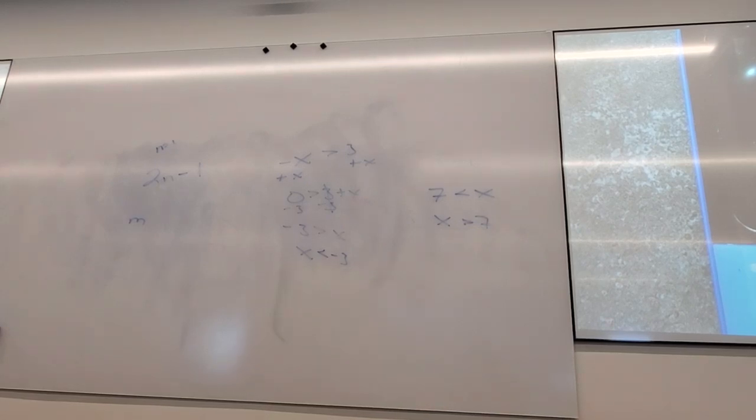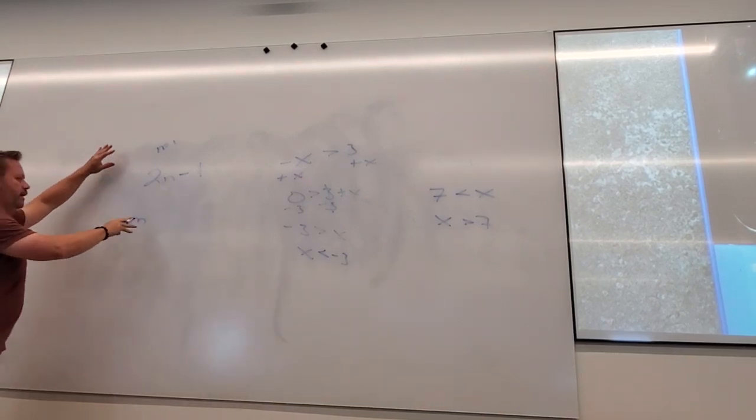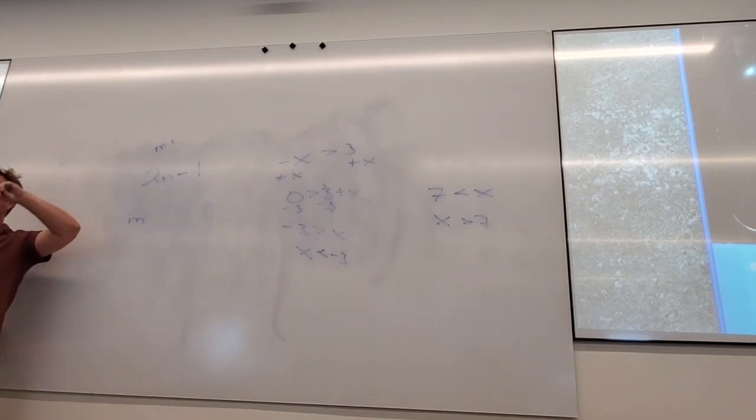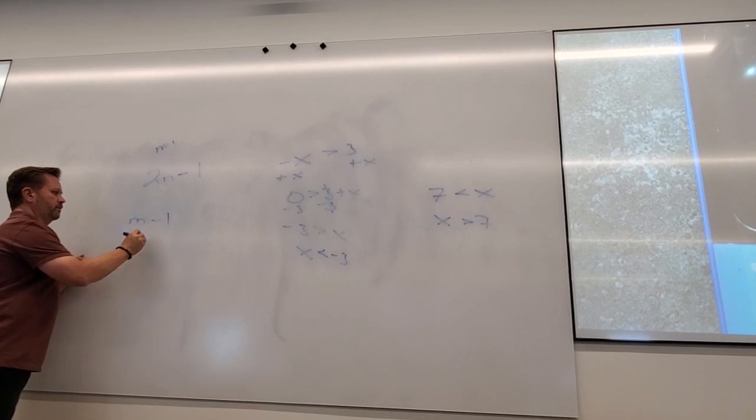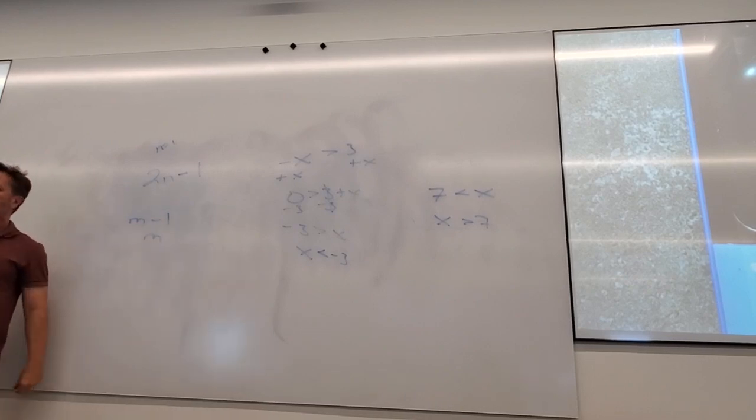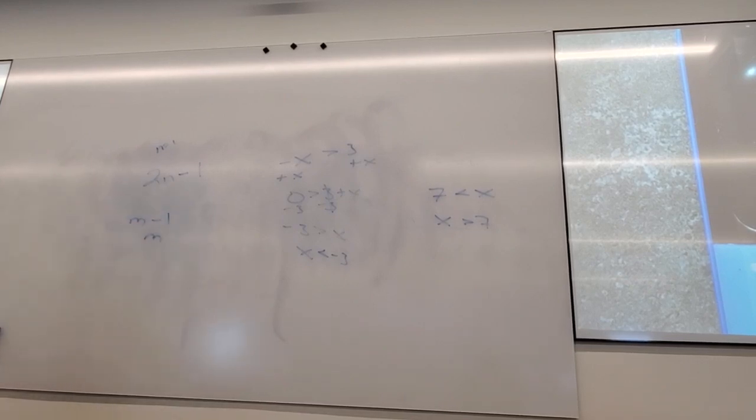Any time I have a number and take one away from it, it's the previous number, correct? So would you guys agree that these two numbers are consecutive? Consecutive, meaning they come right after each other. What do you get when you add those together?